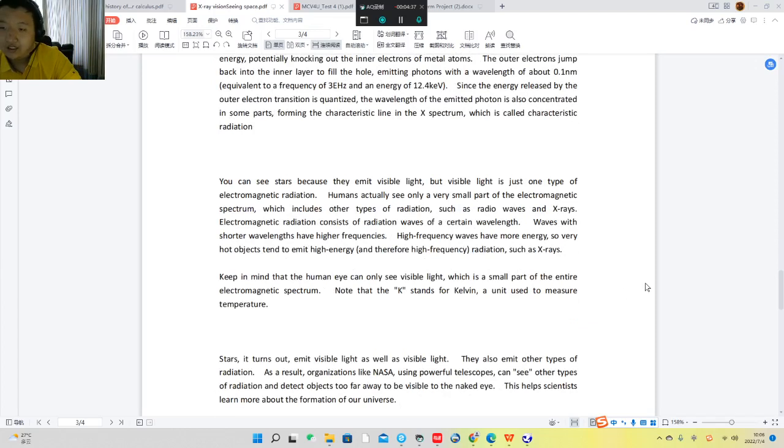You can see stars because they emit visible light, but visible light is just one type of electromagnetic radiation. Humans actually see only a very small part of the electromagnetic spectrum, which includes other types of radiation, such as radio waves and X-rays. Electromagnetic radiation consists of waves of a certain wavelength.